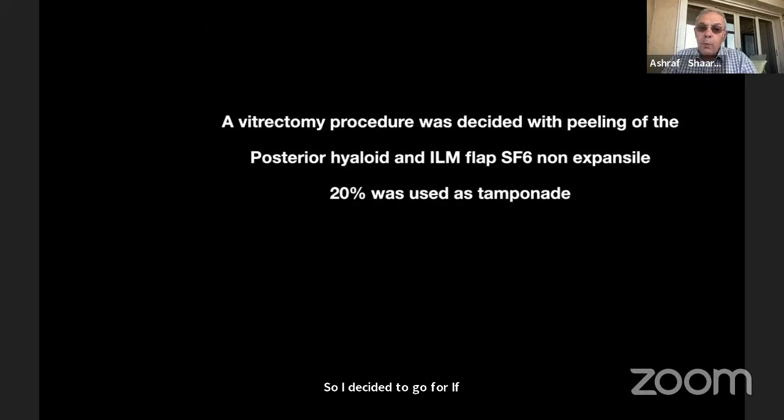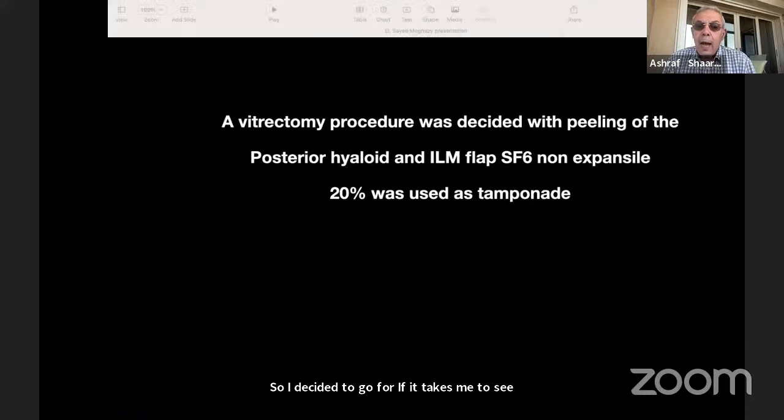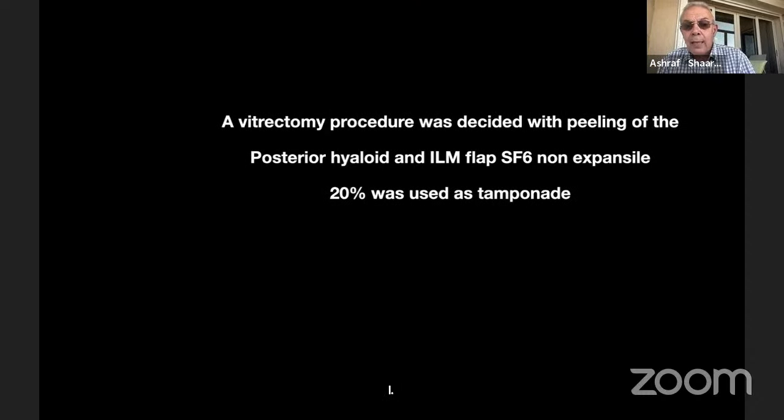A vitrectomy procedure was decided with peeling of the posterior hyaloid, an island flap, and sulfur hexafluoride, non-expansile 20%, was used as tamponade.